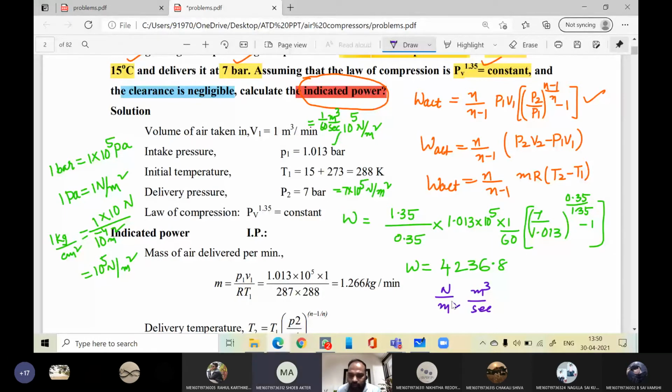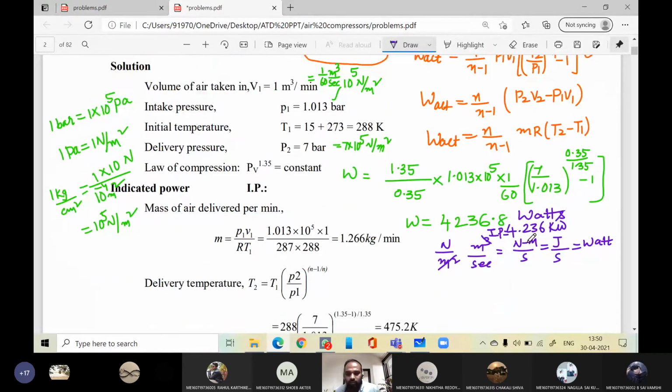Newton meter per second is nothing but joules per second, nothing but watt. Which means the value you got is in terms of watts. So nothing but 4.236 kilowatt. This is the indicated power.